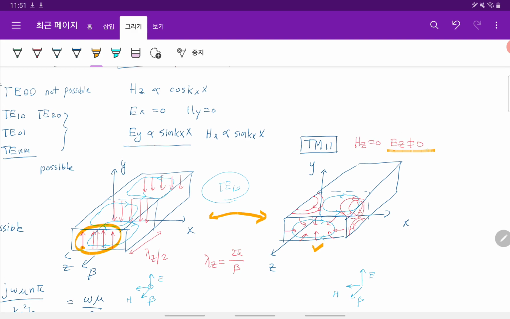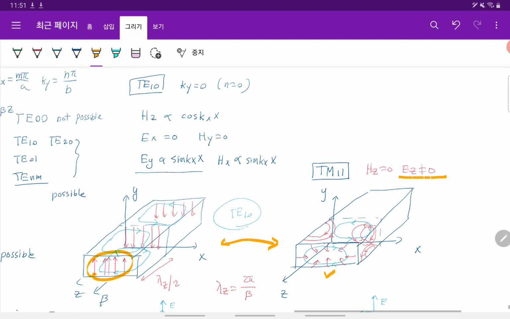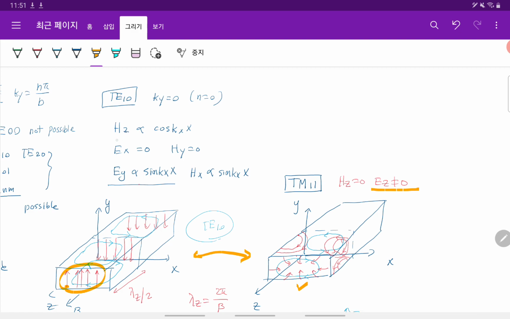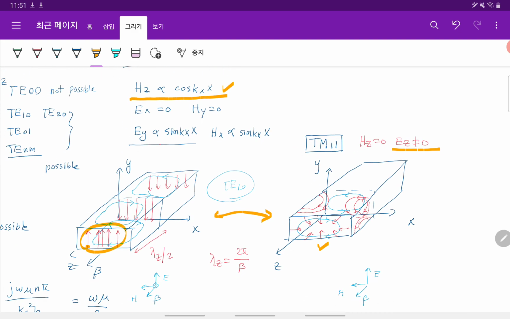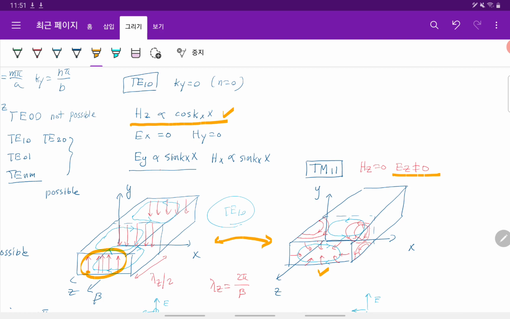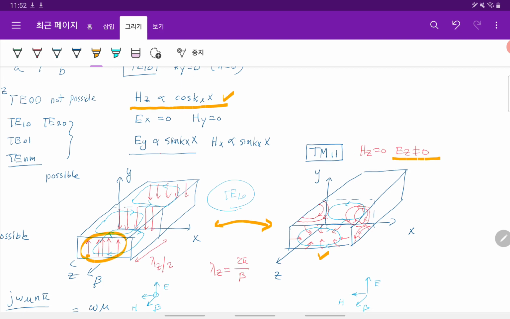So Ez is not 0. For this case, Hz is 0, right? So just to have an idea of how the TE10 mode and TM11 mode look in the waveguide, so that you can distinguish what it is, right?